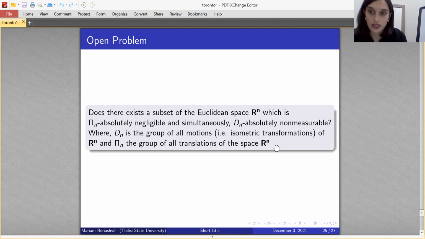I'm not sure that I have understood the question exactly, but absolute negligibility requires finding such extensions which will be Pn and Dn invariant, and to find such extensions is not so easy.